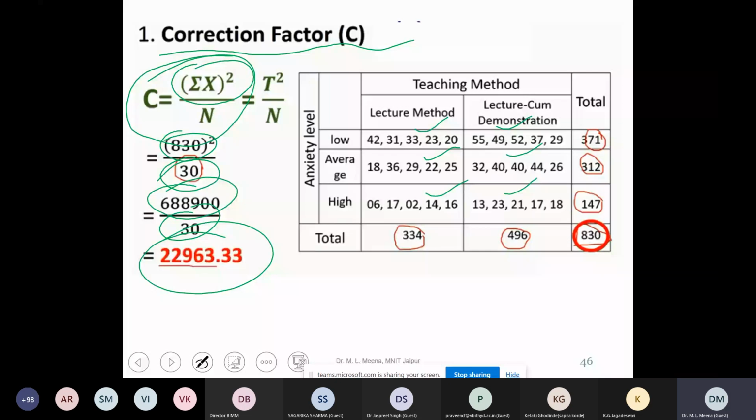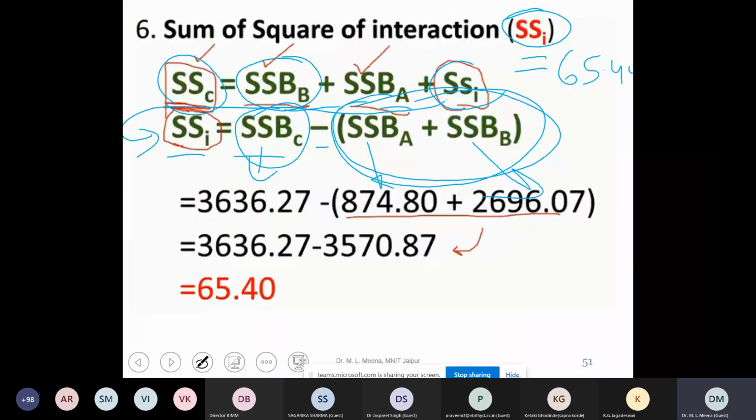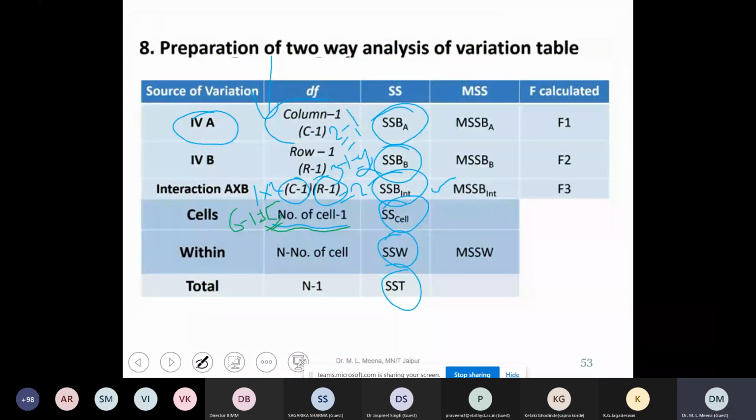So 5 plus 5 plus 5 plus 5 plus 5 plus 5 equals 30. So the degree of freedom within groups is 30 minus the number of cells, which is 6. It means 24. And last is n minus 1, which is 29.